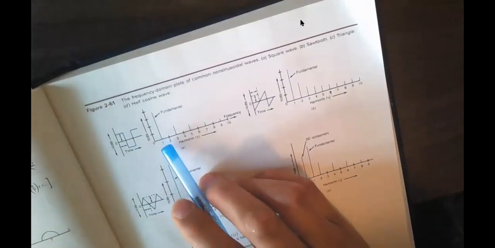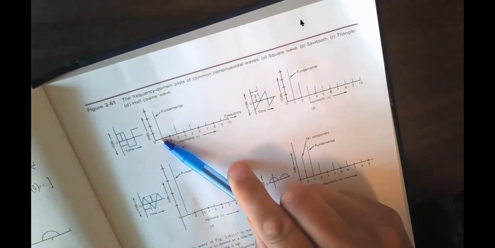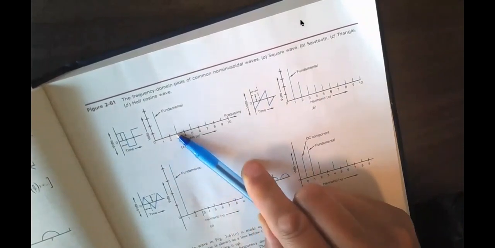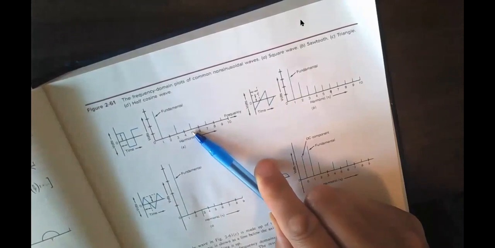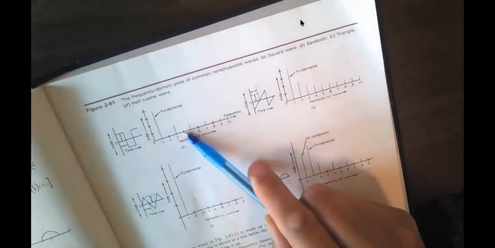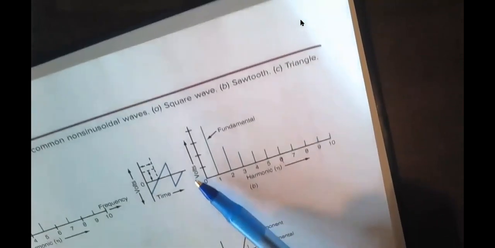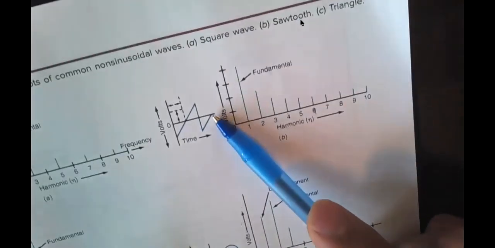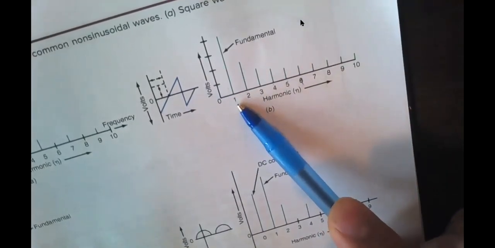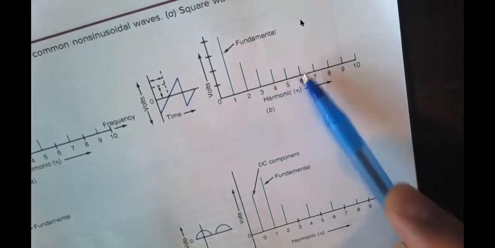So a square, we have 10, 30, 50, 70, the green. A sawtooth, we have 10, we have 20, 30, 40, 50, 60. We have every harmonic.